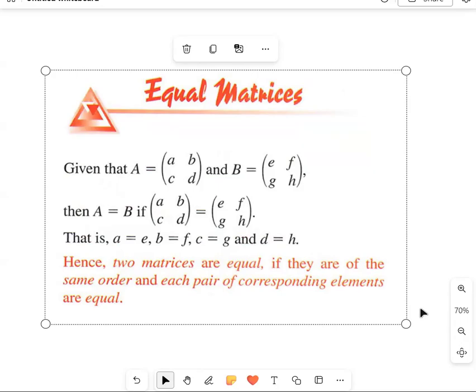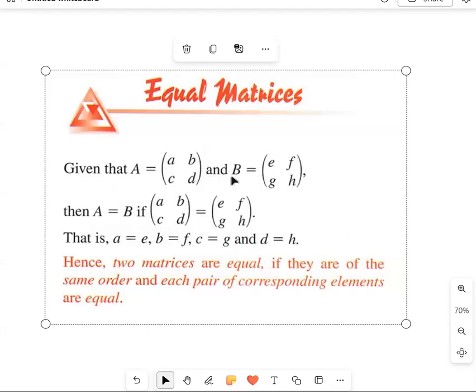So they're saying here, if you have two equal matrices, their corresponding elements are equal. Right? And sometimes you see this being used to solve equations. I'll give you an example.